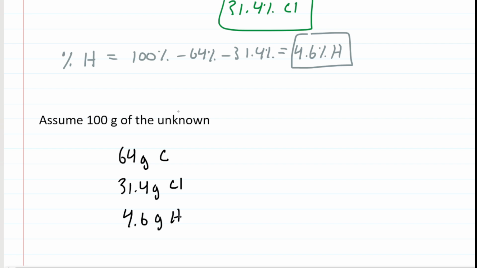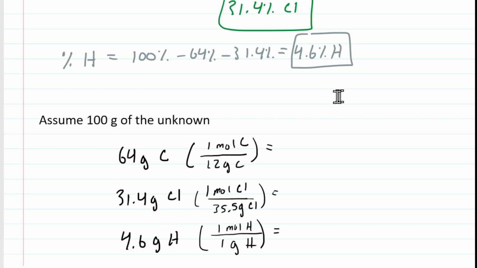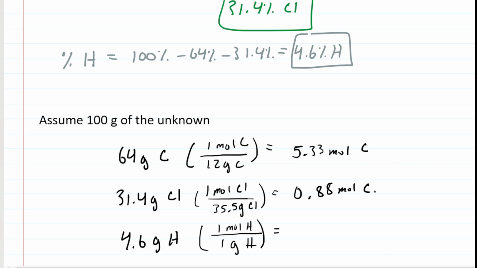Now, all we need to do is convert these into moles. So let's set up those conversions. There are the conversions. Again, we're just using the masses from the periodic table for each of those 3 elements. When you perform these calculations, you're going to get 5.33 moles of carbon, around 0.88 moles of chlorine, and around 4.6 moles of hydrogen.